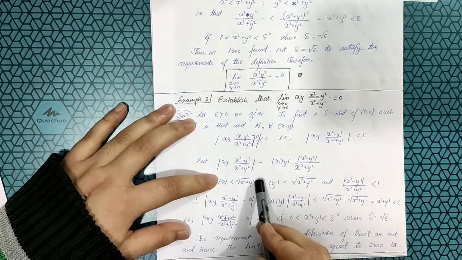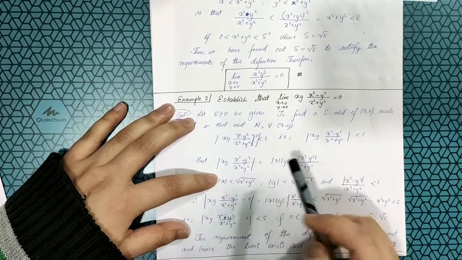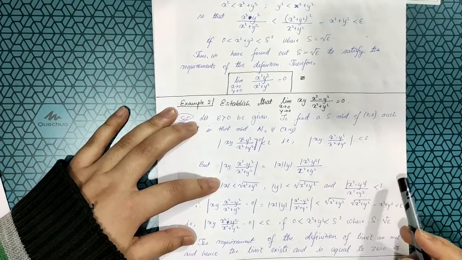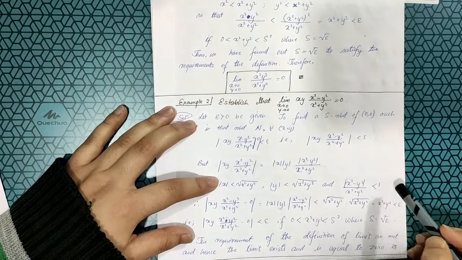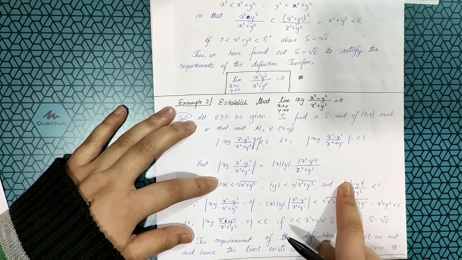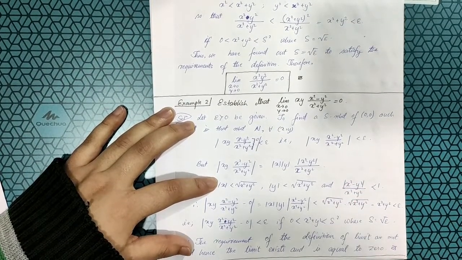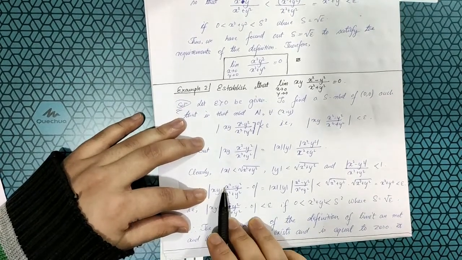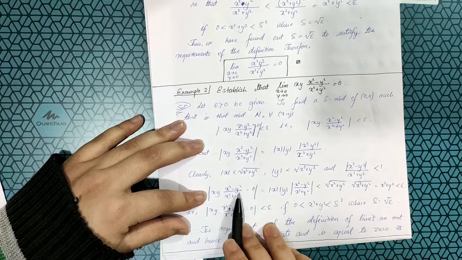Clearly this is less than this, as previously we had done, and this thing will always be less than 1 because x square plus y square is always greater than modulus of x square minus y square.